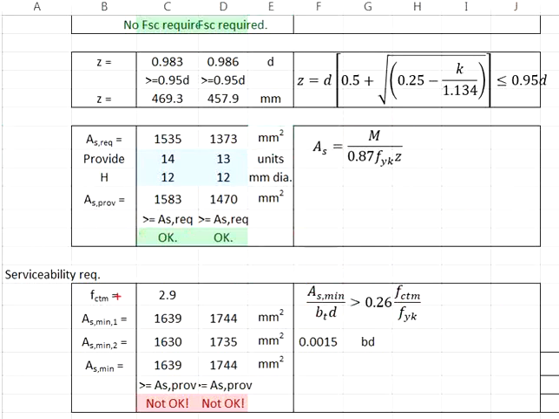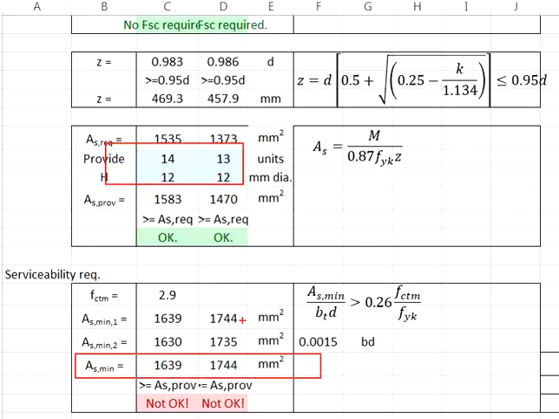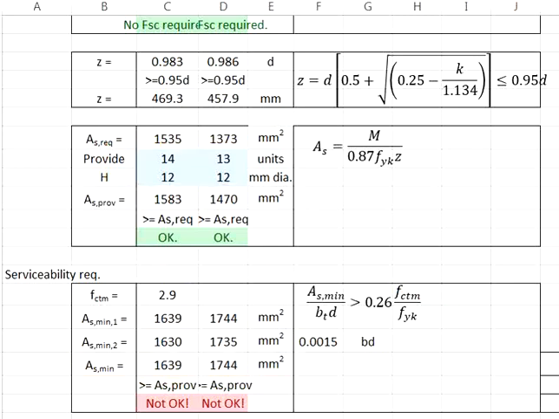Therefore, you will need to add the amount of reinforcement bar so that you have your As provided greater than the As minimum. Now, instead of providing 14 units, you need to add more reinforcement bar to become 15 units of H12 rebar in the major axis and 16 units of H12 rebar in the minor axis.